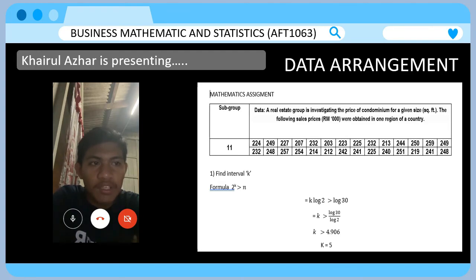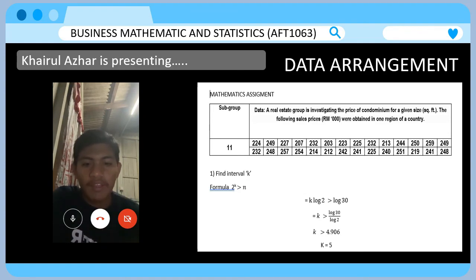So k log 2 is greater than log 30, and then k is greater than log 30 divided by log 2, and then k is greater than 4.906. So we round to the nearest number, so k equals 5.